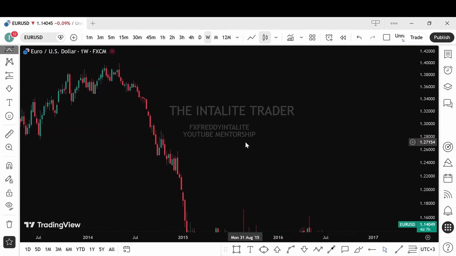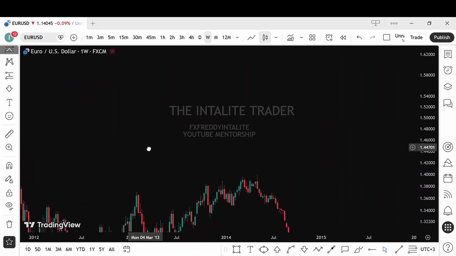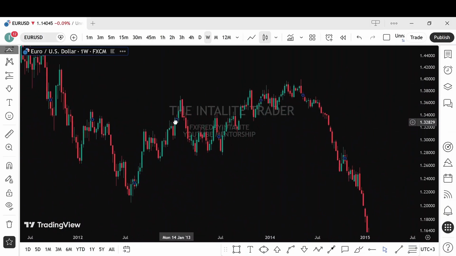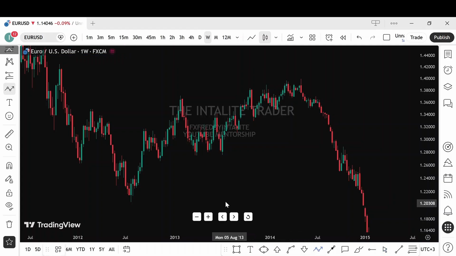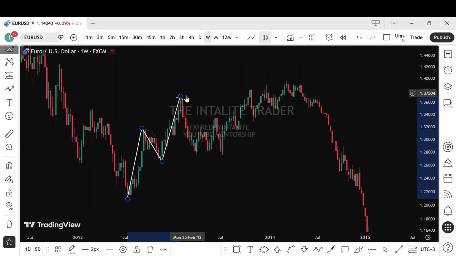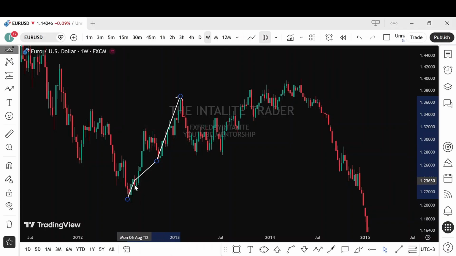Because for a pullback to occur, let's say the market is moving in an uptrend, this market is buying, and you can indeed see this from here, it comes here, it pulls back, it moves. For this pullback to occur, you need traders who entered at this point here, those who bought, to begin closing their positions.